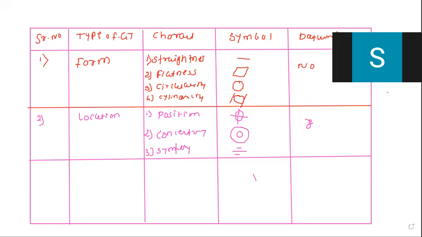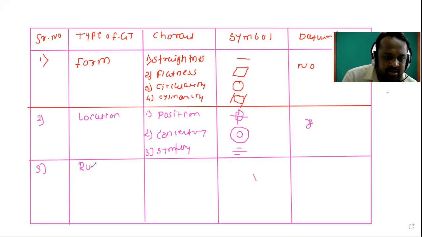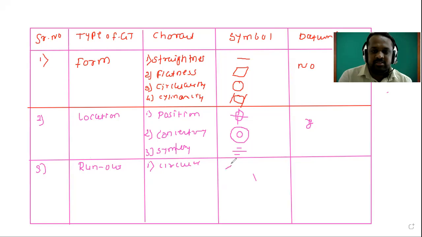Then next, the third is runout, which again has two types. First is circular runout. The symbol for circular runout is just an arrow, like this.